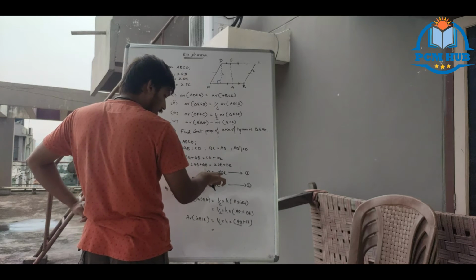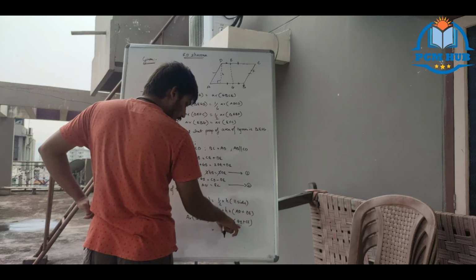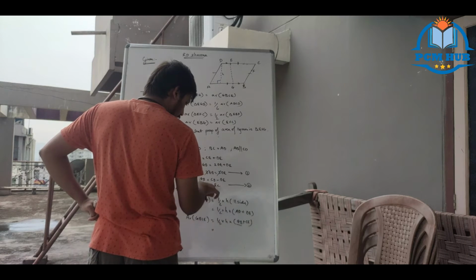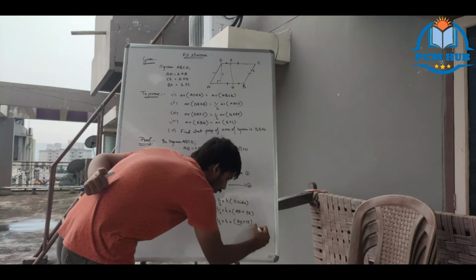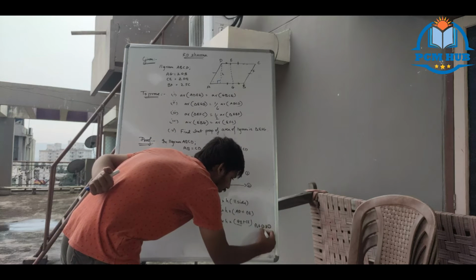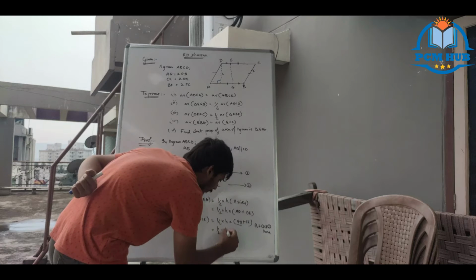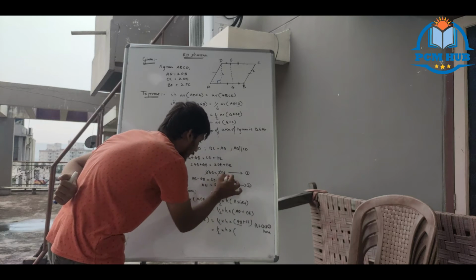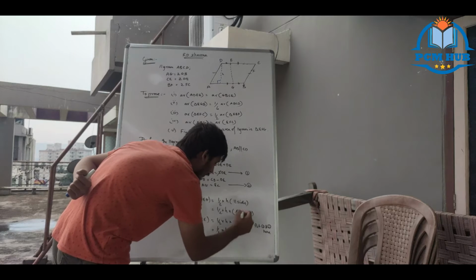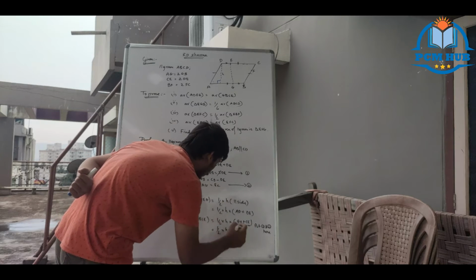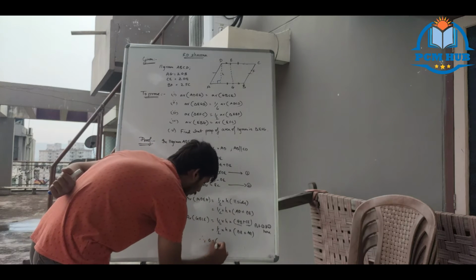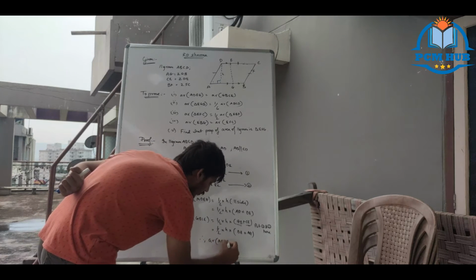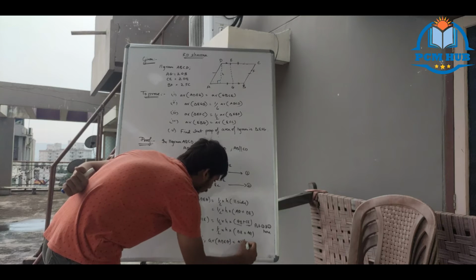Here GB equals DE and AG equals EC. Therefore, putting 1 and 2 here, it will become half into h into GB. In the place of GB, you can write DE, and in the place of EC, you can write AG. Therefore, area of ADEG is equal to area of GBC.